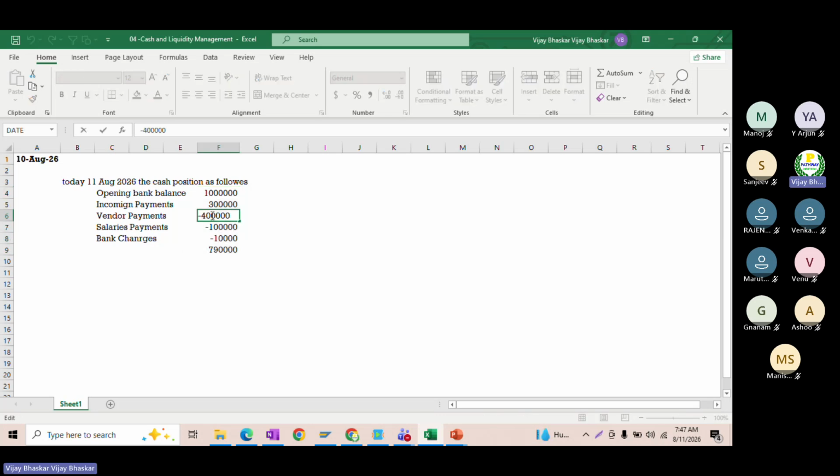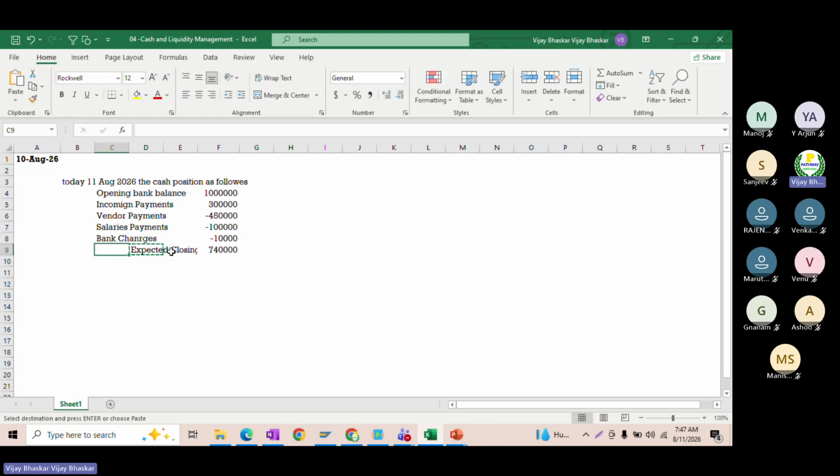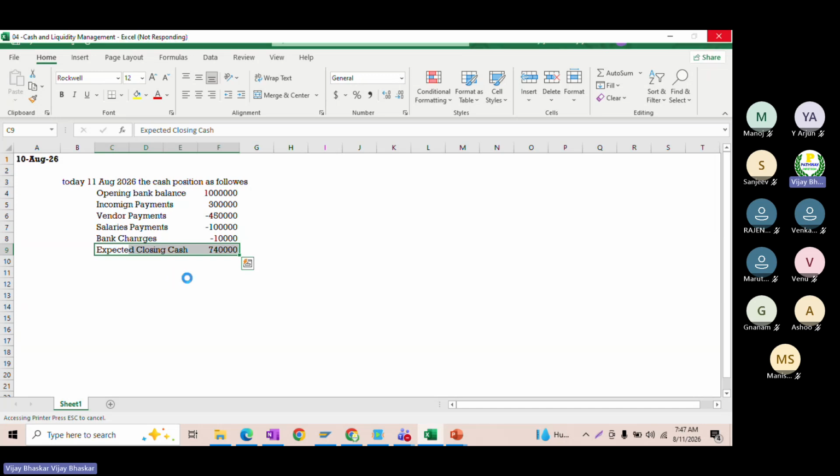Okay, let me take here. So now, expected closing cash. This one could be. Now, how are we going to do this forecasting analysis?